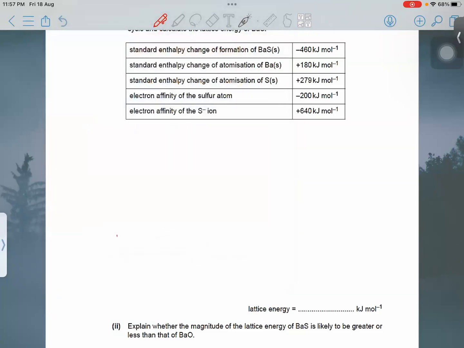Then it will become Ba gaseous. Then Ba plus 1 gaseous. Then Ba2 plus gaseous. This is H1. This is H2. This is H3.